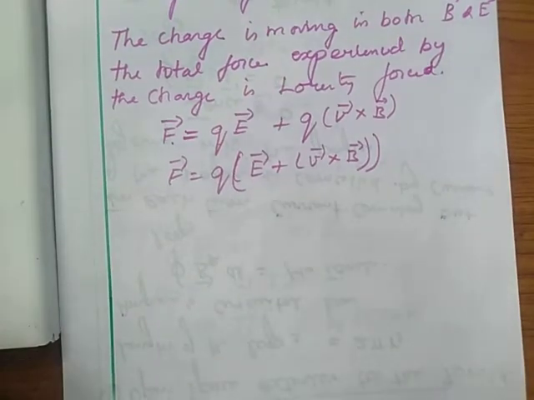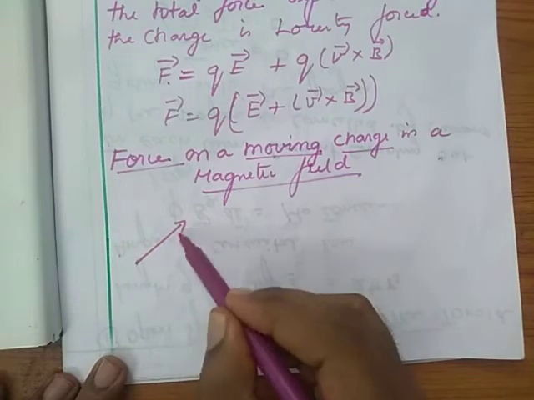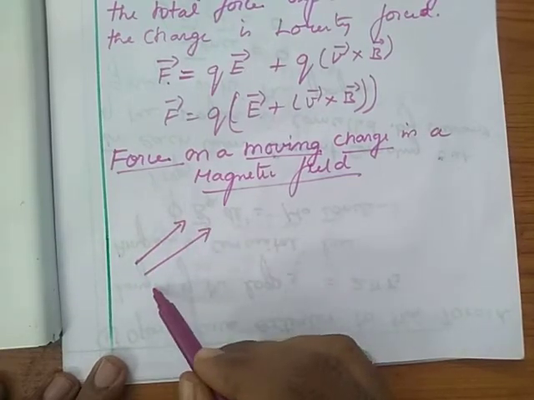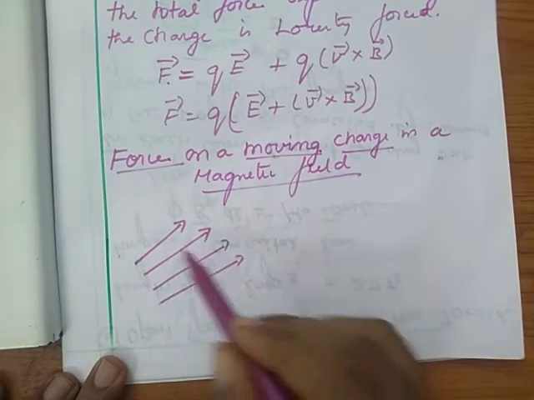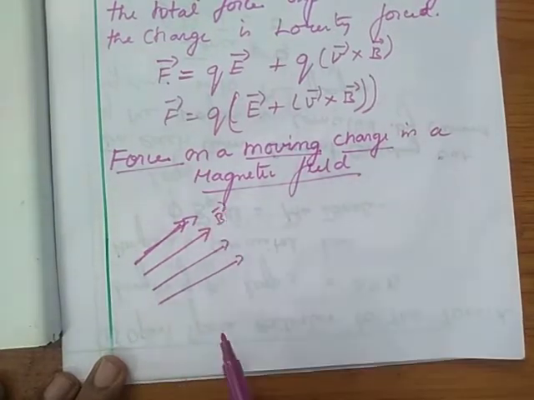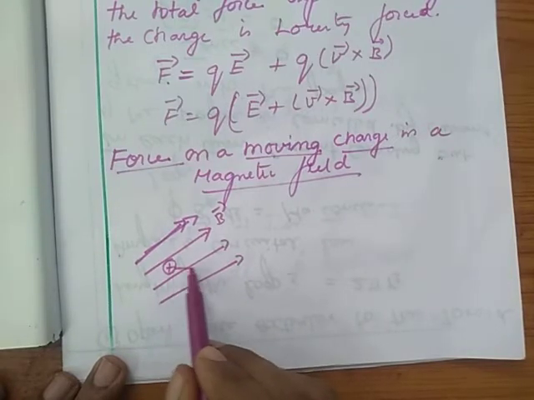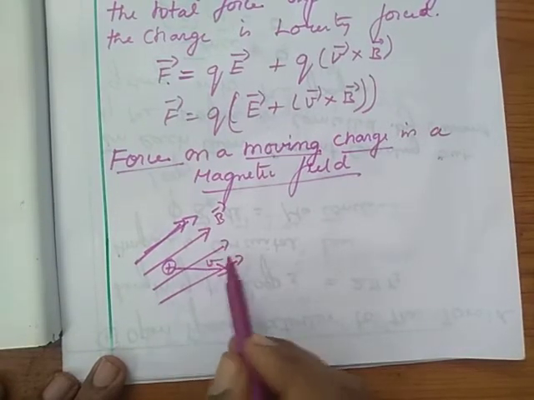Let me consider the situation. Here it is the direction of the magnetic field. Here I move a positive charge in this direction with a velocity v.